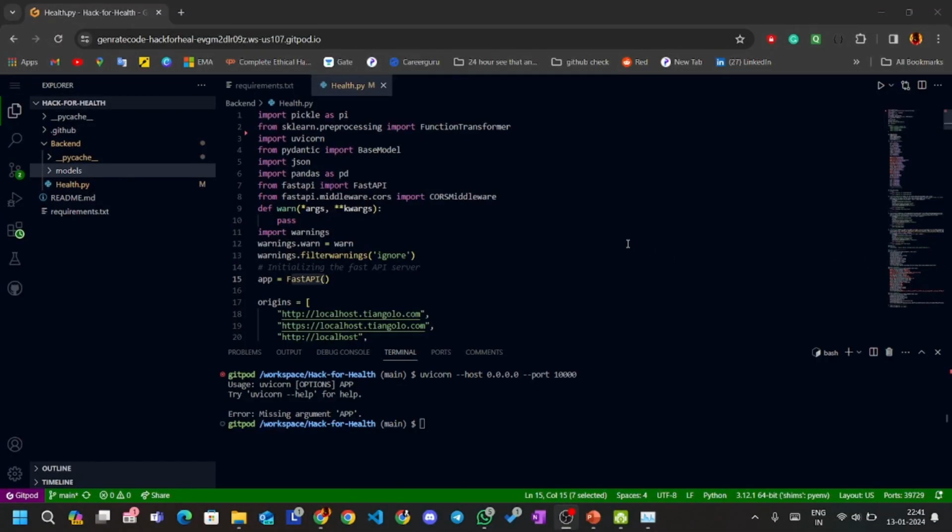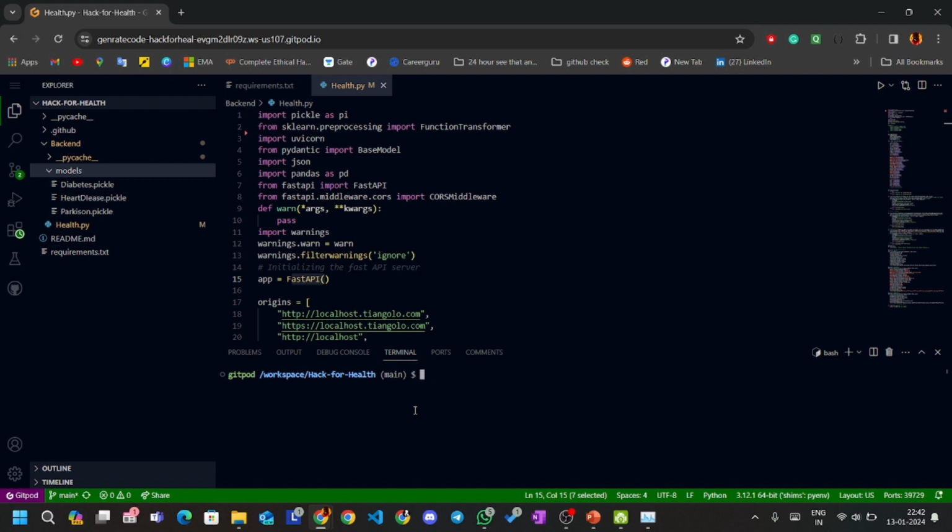Hello everyone, now we introduce the backend of the project. The models for diabetes, heart disease, and Parkinson's are in pickle format, and we use FastAPI. Let's run our project. We run the backend, where the API is named health.